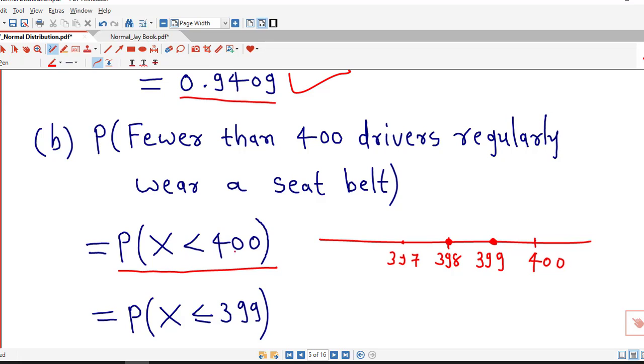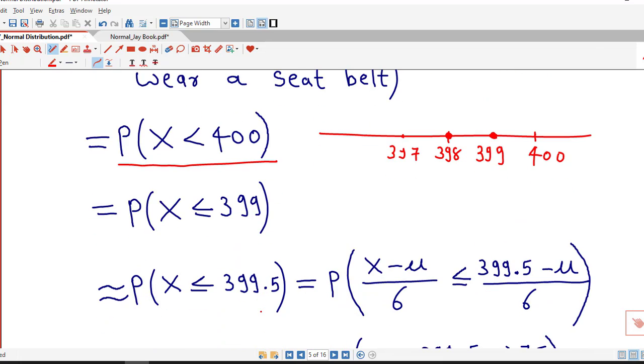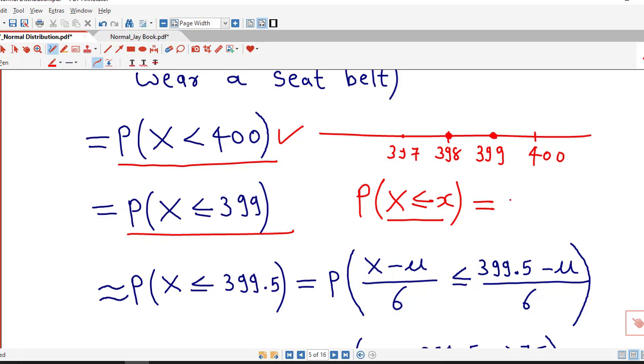So the probability that X is less than 400 can be rewritten as the probability that X is less than or equal to 399. So we know that if we have this type of less than or equal to probability, we have to add 0.5 to the X value. So here we have to add 0.5 to 399. So that is the probability that capital X is less than or equal to 399.5.